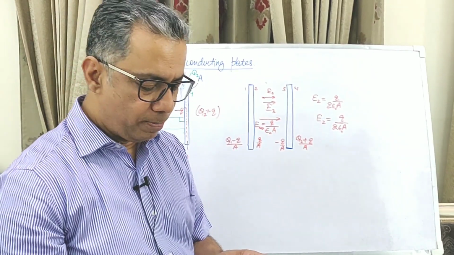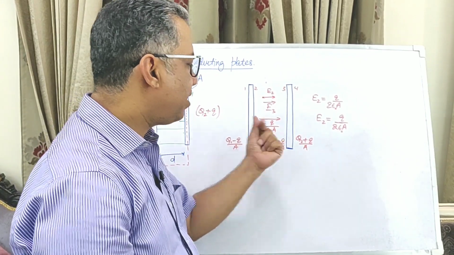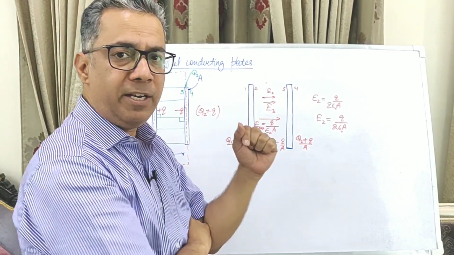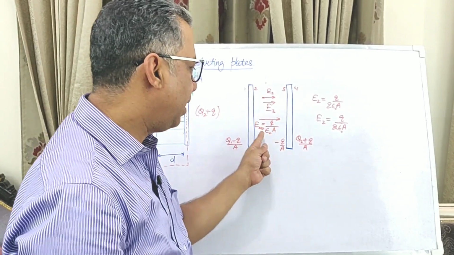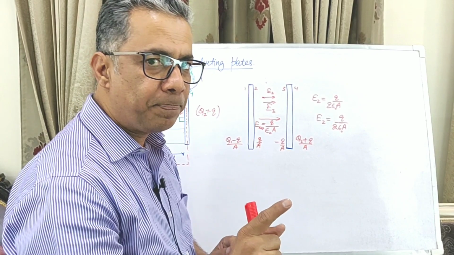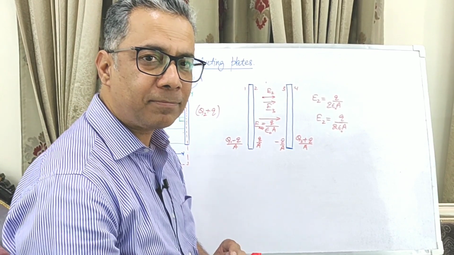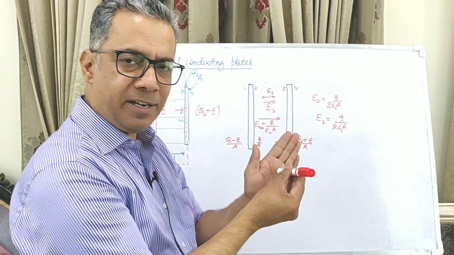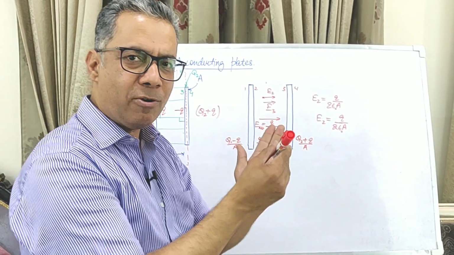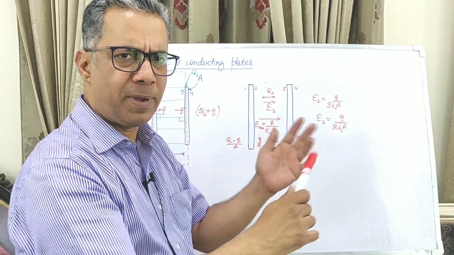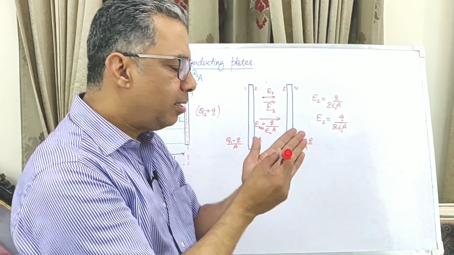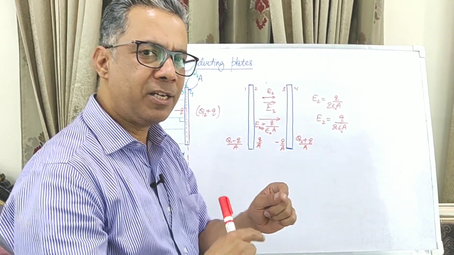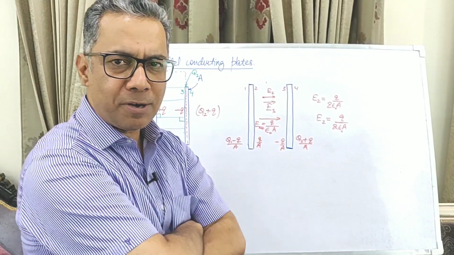Now, how do I know that this is the net electric field in this region? This is the net electric field in this region because this is sigma by epsilon naught, and near the surface of a conductor, the net electric field, which is normally outward from the surface or into the surface depending on the sign of the charge, the magnitude of field just outside the surface has to have a magnitude sigma by epsilon naught.